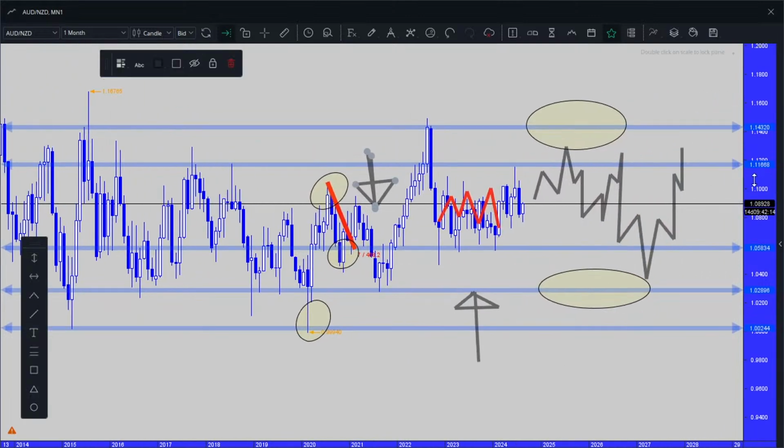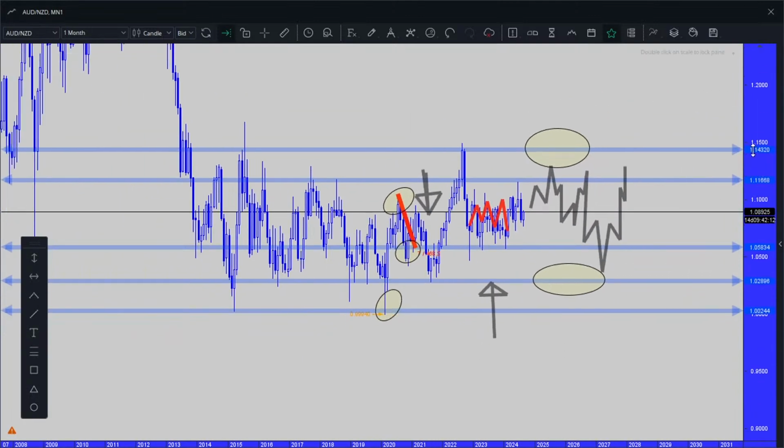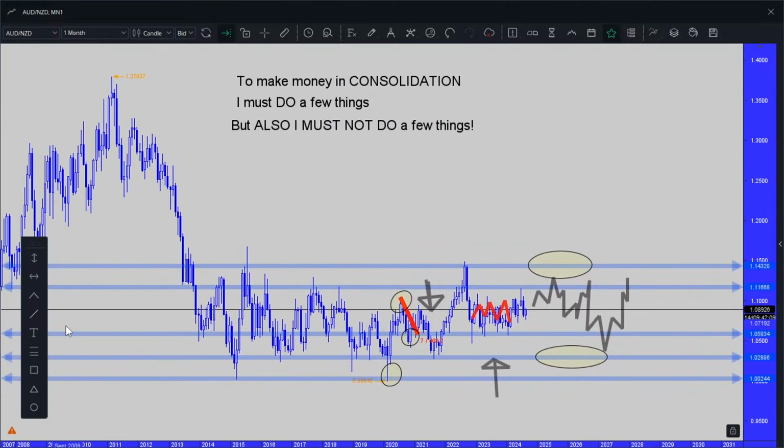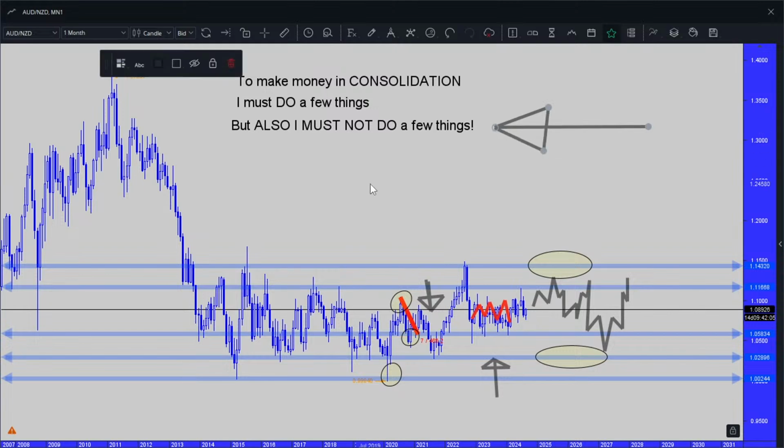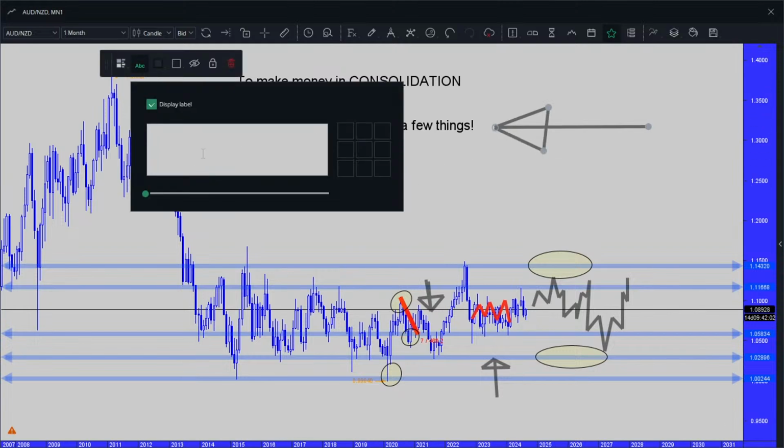You cannot trade consolidations in the same way that you are trading trending markets. I cannot trade consolidations in the same way I am trading trending markets. Does this make sense, everybody?